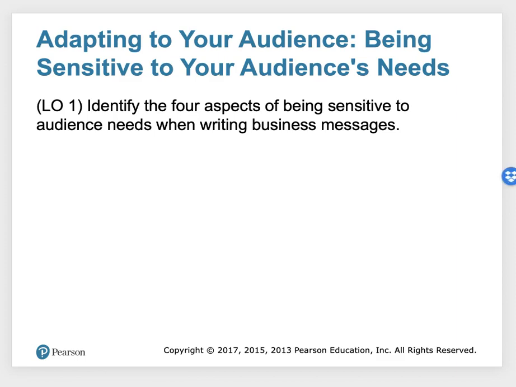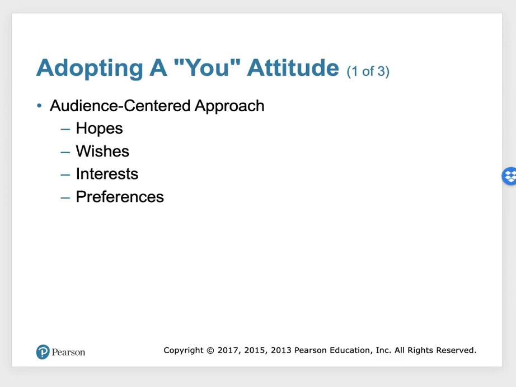And one of the best ways to make sure that your audience is reading your messages is by adopting the you attitude. Now, we touched on this really briefly in Chapter 4, but I want to go into that a little bit deeper in this chapter. So the you attitude can be considered speaking and writing in terms of your audience's wishes, interests, hopes, and preferences.